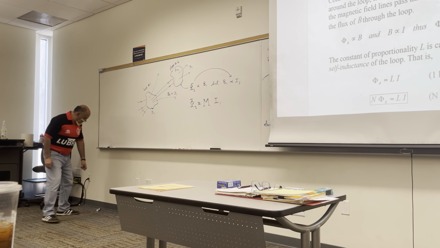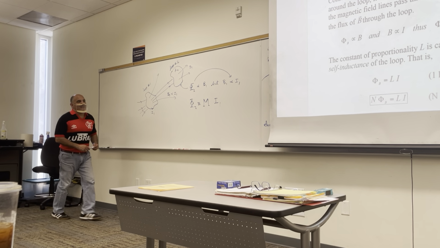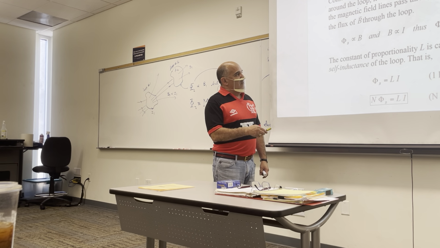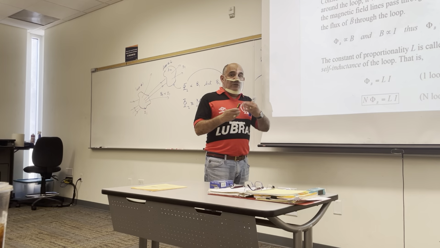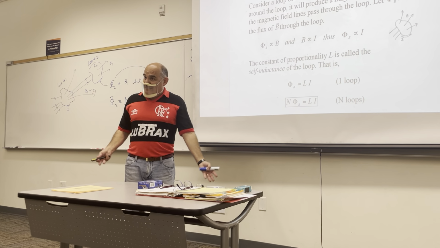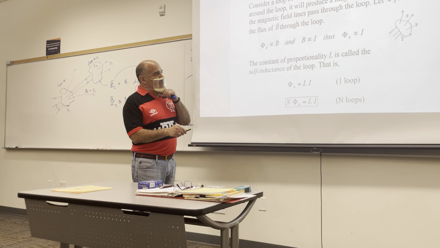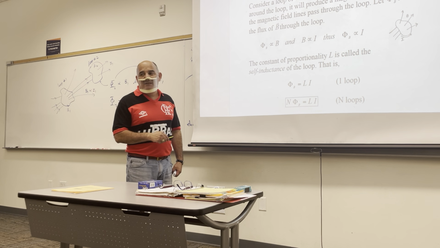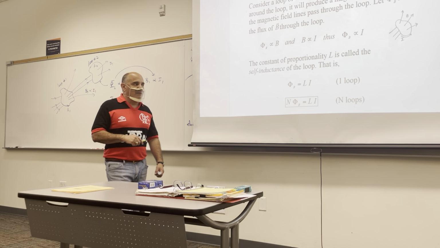If there is a current in this loop, it produces a magnetic field that goes through the loop itself, so there is a magnetic flux through the loop itself. There is a proportionality constant between the magnetic flux through the loop and the current in the loop, and that constant is the self-inductance L.